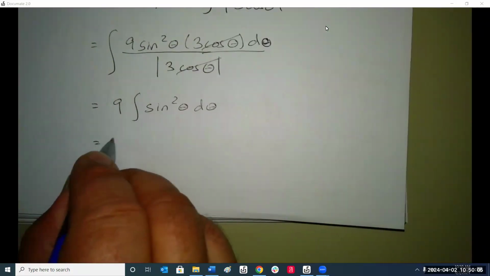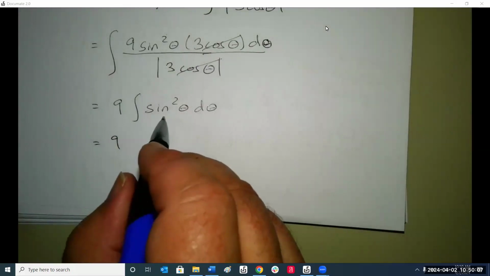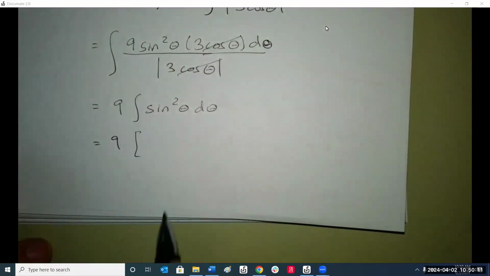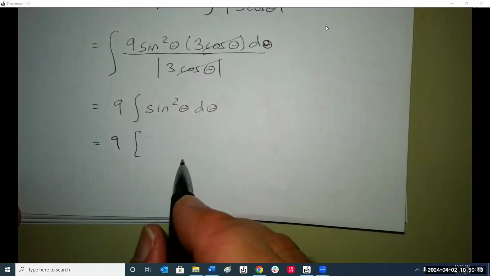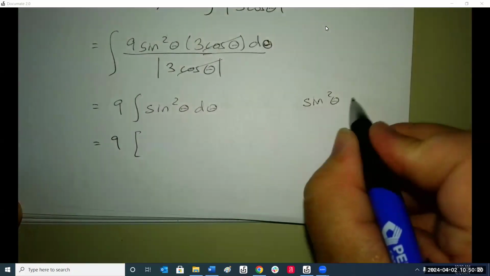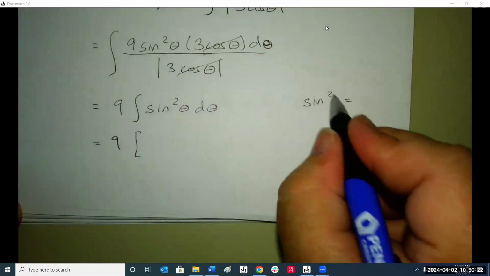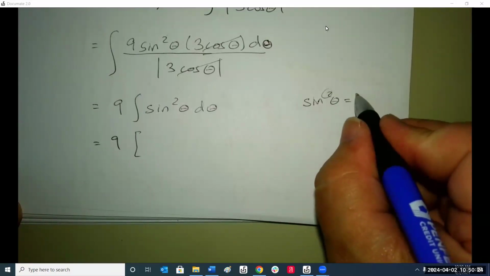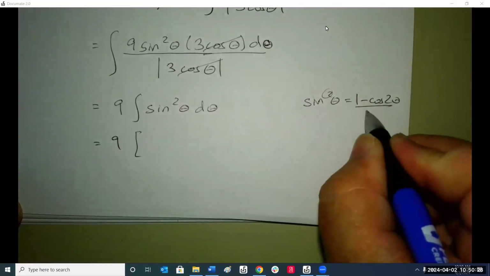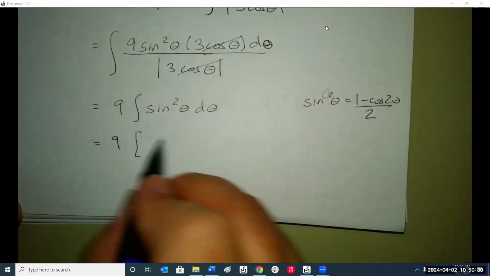All right, so we have 9 times the integral of sine squared. Looking at our cheat sheet, we can't integrate squares, so we write it as 1 minus cosine 2 theta over 2.